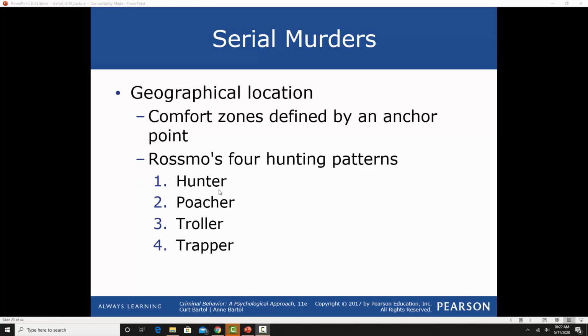When it comes to geographical locations, most serial killers do have kind of a comfort zone, which can help you if you're using that geographical profiling that I told you about earlier. Remember, I already mentioned Rossmo's 4 hunting patterns that he developed. That's not always going to help you, though. But when you look at something like the Boston Strangler, or Jack the Ripper, somebody that's staying in a pretty consistent geographical location, that can be helpful.